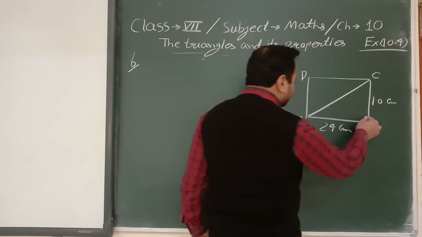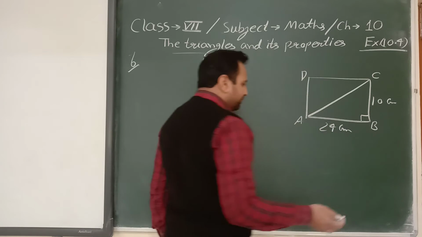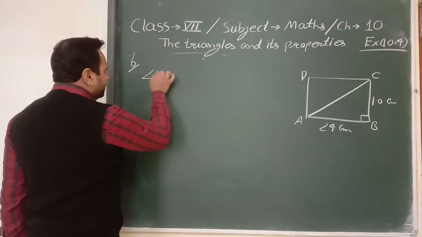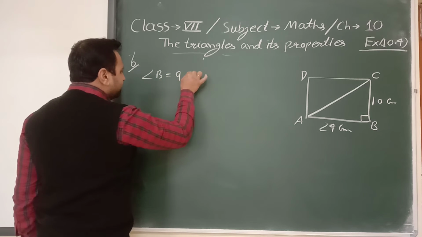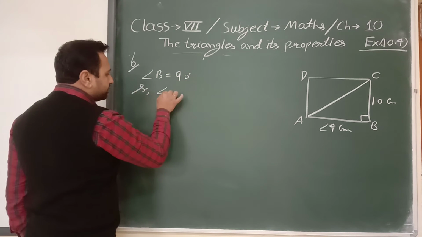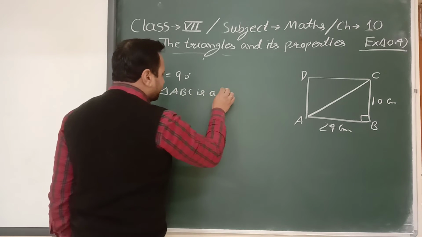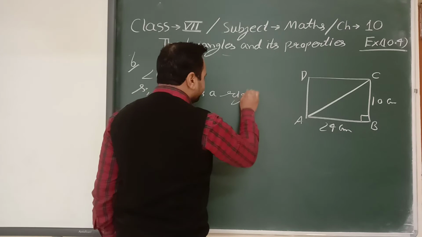So because we know that angle B is 90 degrees, same like question number 5. Angle B is 90 degree, so triangle ABC is a right angle triangle.